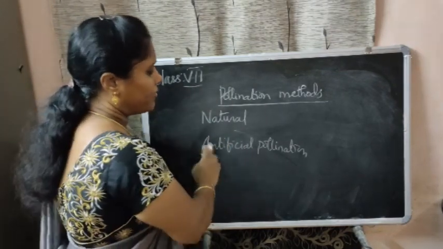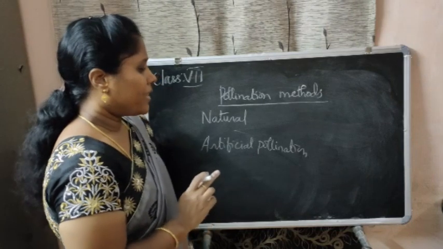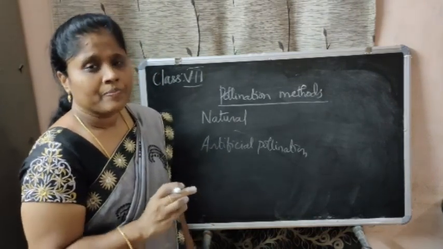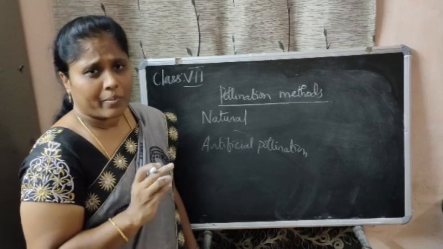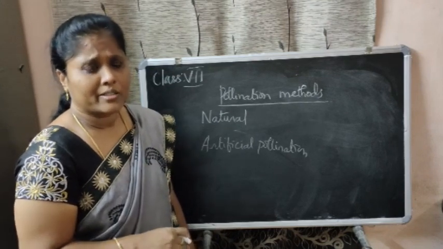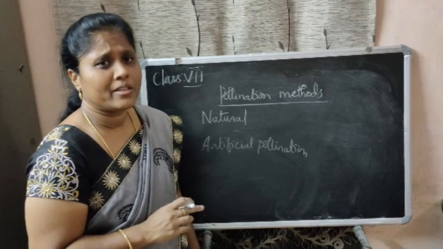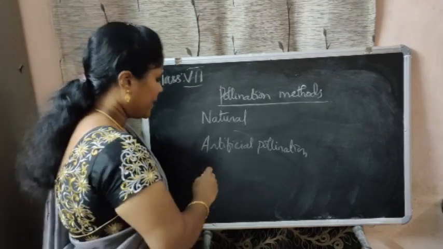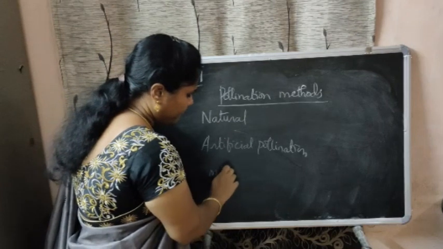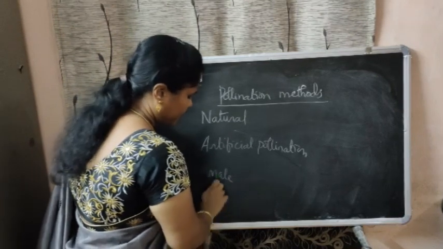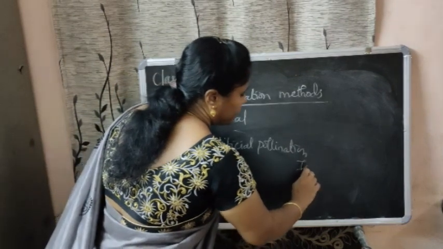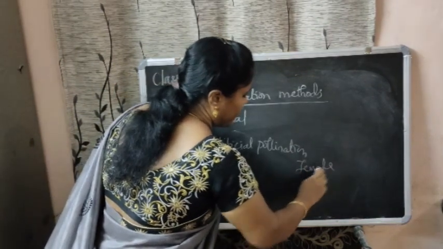But in artificial methods, where natural pollination is not possible, it is done by artificial means. How do they do this? Usually they will collect the male flowers, for example 3 male flowers, and 6 female flowers.